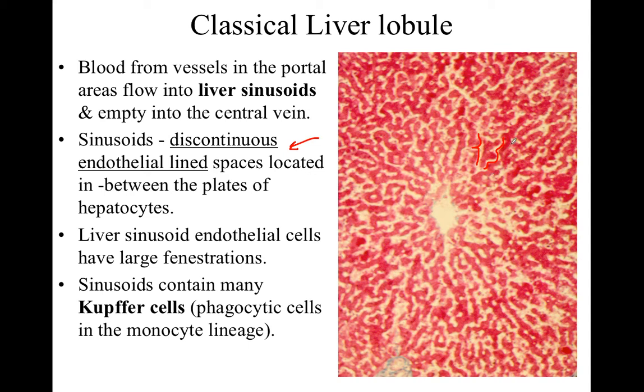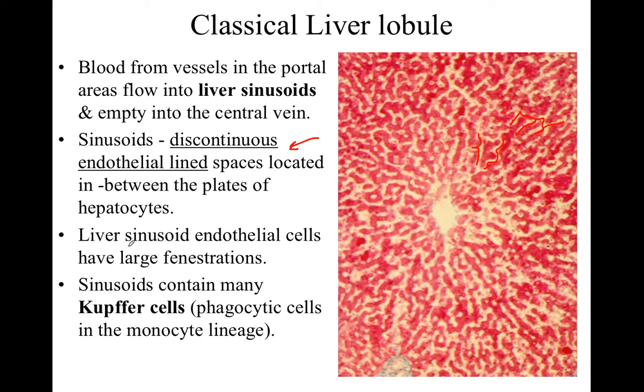As you can see here, this is a plate. Sometimes we have areas of discontinuity, so we can see that there is some junction between the different sinusoids. It's not through one space. There are areas of disruption of these hepatocytes, and this allows maximum mixing of the blood.